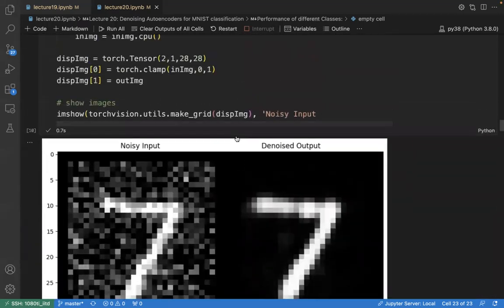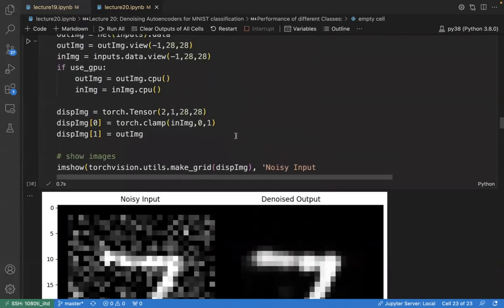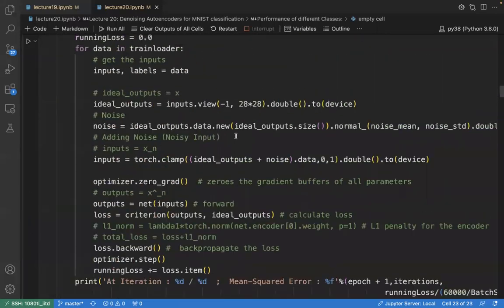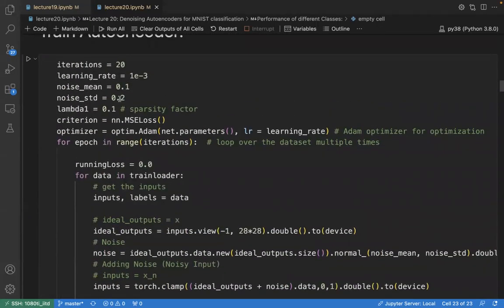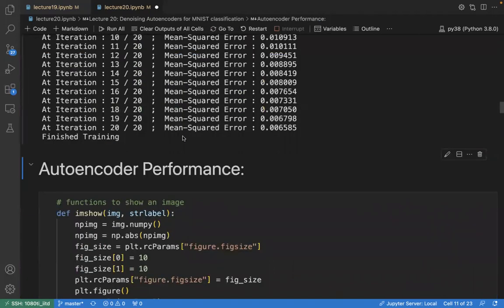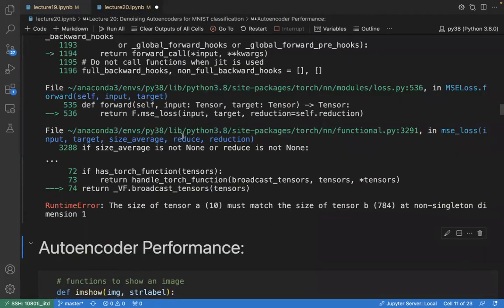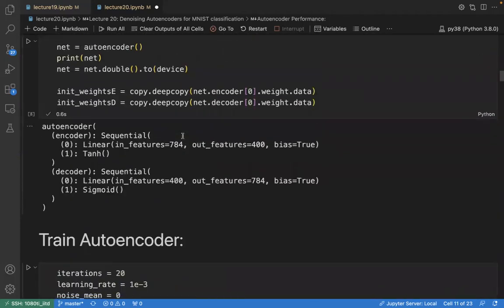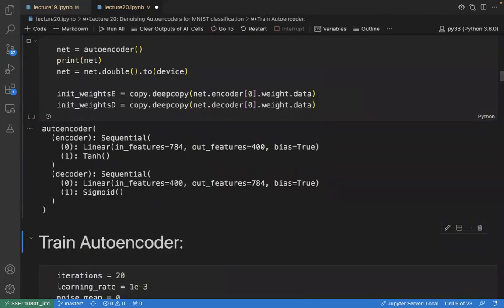What I will do is that I will just increase the noise now. Instead of just mean 0.1 and standard deviation of 0.2, let's just put mean as 0 and standard deviation of 1. In this way, the noise will be more. Let's just see how it is doing with this kind of noise, and we will then close the session for today.